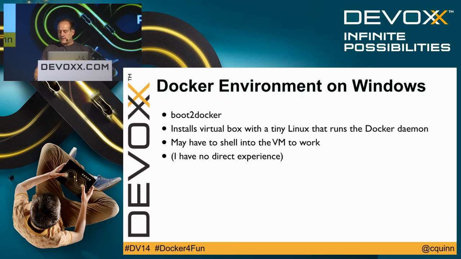Now, in Windows, boot2docker is not quite as full-featured, but I think they're working very hard to catch it up. The last version I saw was a couple months ago. Some of the other guys on my team are developing on Windows, and it did most of the same things that the Mac version did. It got it all installed. It got the virtual machine running. It got everything hooked up.